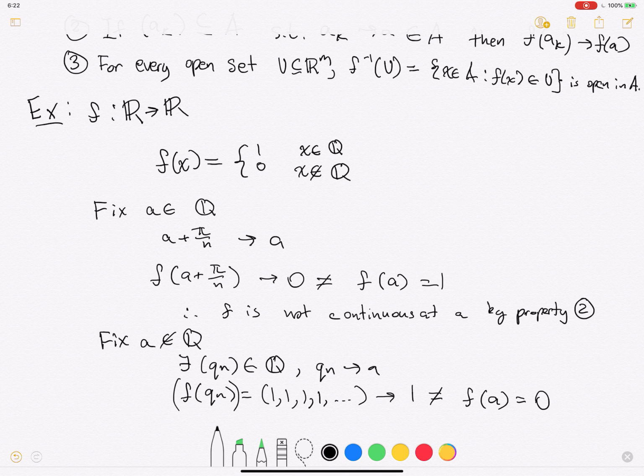So here f is now not continuous at a, where a is irrational, by the same property, property 2.